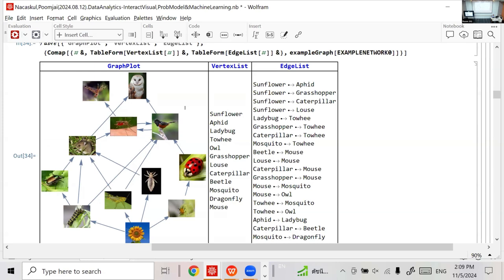But would you agree that chances are, let's say a catastrophic flood happens and everybody dies, you will probably find the skeletons of birds and owls closer together than you would a sunflower, right? Can you imagine that situation? Because they have this relationship of one eating another.